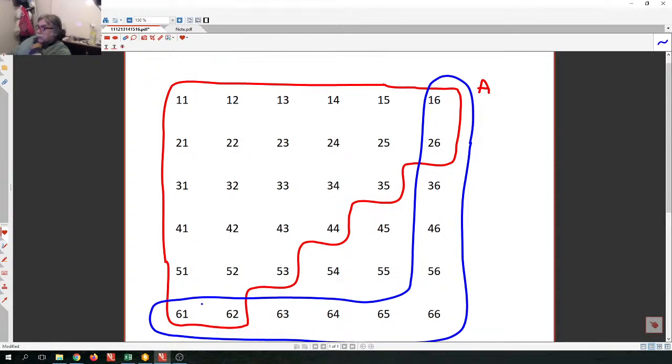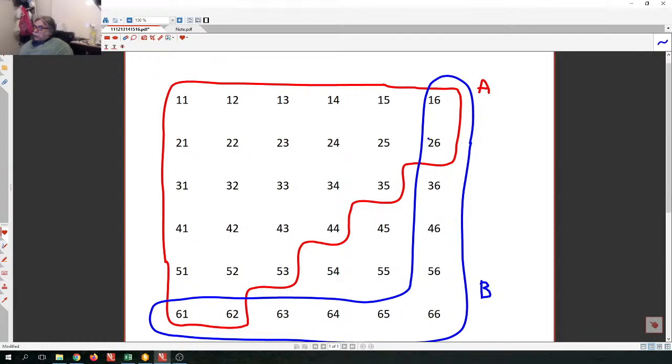If you want to count, it's easier to count 10 here: 1, 2, 3, 4, 5, 6, 7, 8, 9, 10. Total 36. So the red part has 26 things in it. So the blue part is the event B, at least one 6. A is the sum no more than 8. You can see these 2 events are not complementary. They're not mutually exclusive. They don't cover everything, and they have something in common.